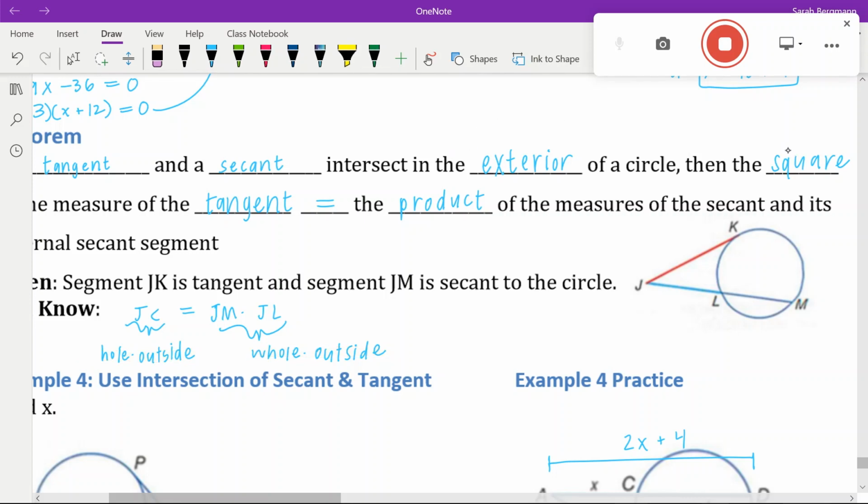Because think about it, the whole segment is JK, and the outside piece is also JK. So when you take JK times JK, you get JK squared. So you can still think of it as whole times outside equals the whole times the outside.